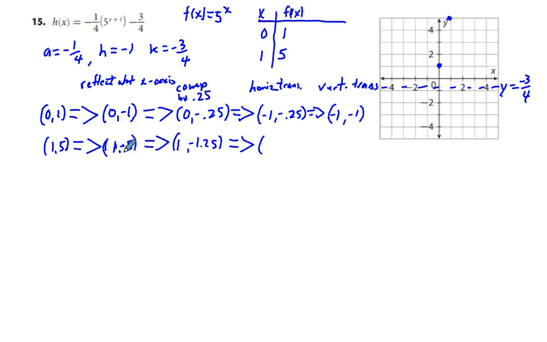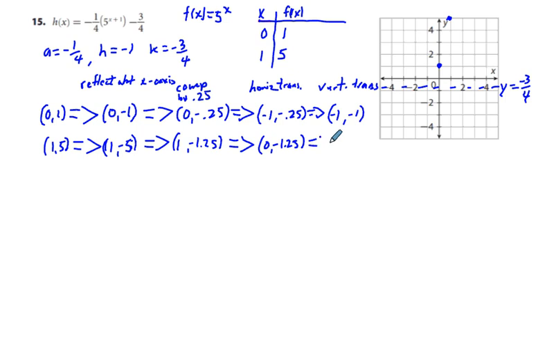So 1, negative 5, and you have 1 comma negative 1.25. We horizontally translate, which will be subtracting 1. So we're going to get 0 comma negative 1.25.